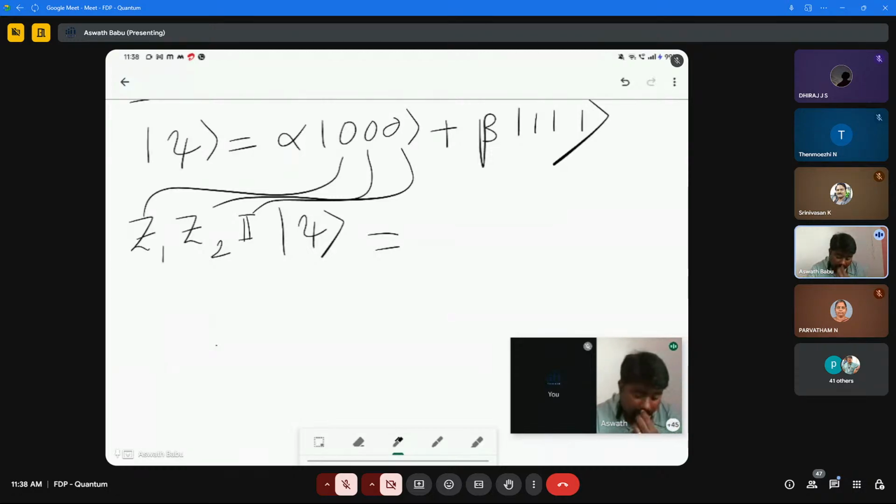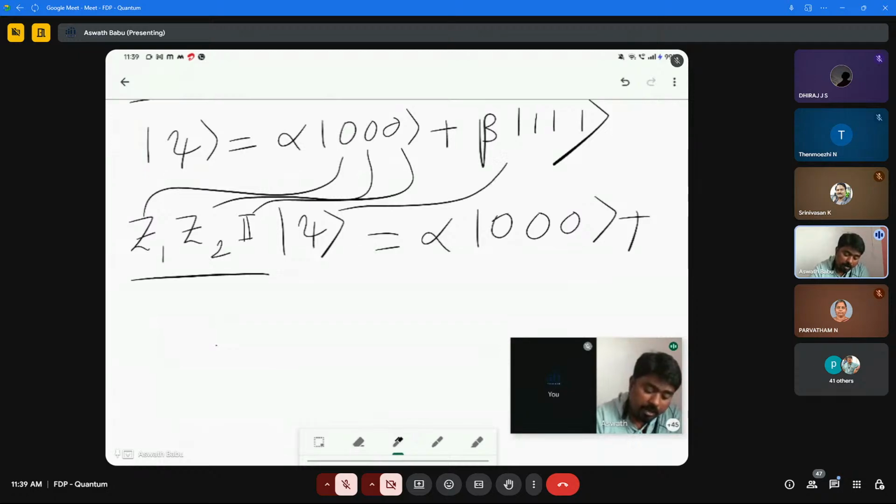So what I have as a result here is alpha 000 plus, now the same set would go and act on the second part also. Z1 acting on 1 gives you a minus sign, Z2 acting on 1 gives you another minus sign. One minus is coming from the first qubit, another minus coming from the second qubit, so it becomes a plus. Identity acting on 1 gives you 1 itself.